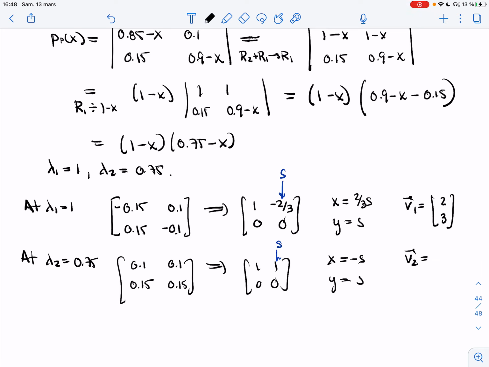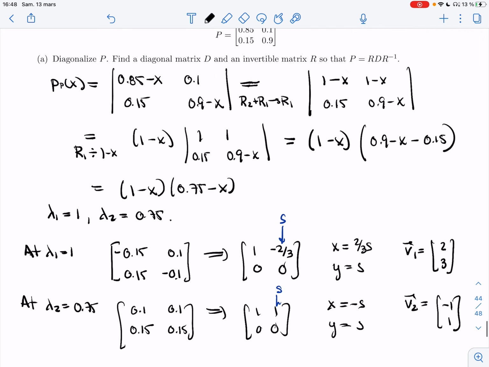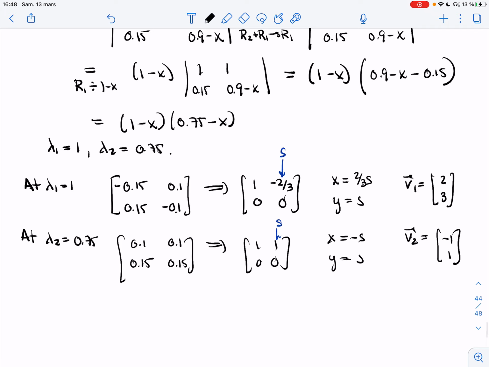Here any s would do. I would take 1. And so let's use R for the matrix just to avoid craziness. So I'm going to get a matrix R with columns (2, 3) and (minus 1, 1). And let's find R inverse since we're going to need it anyway.